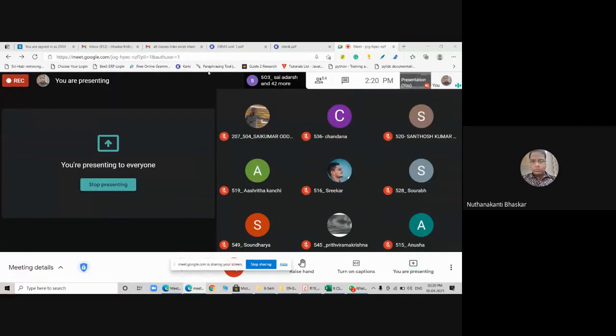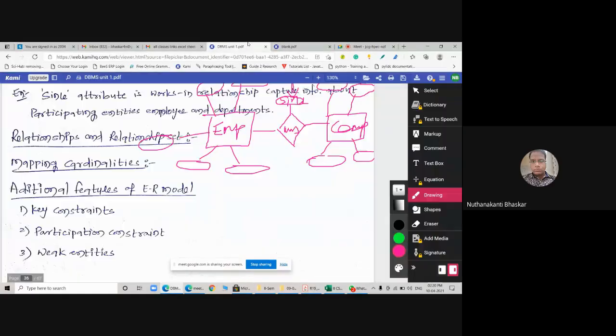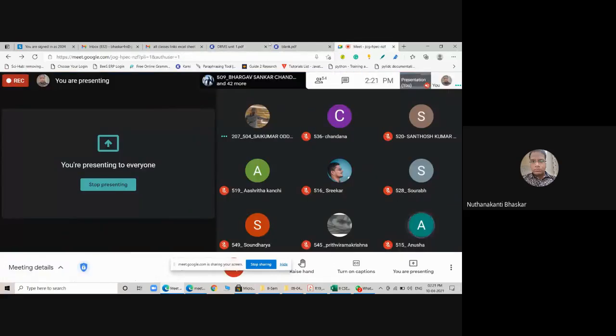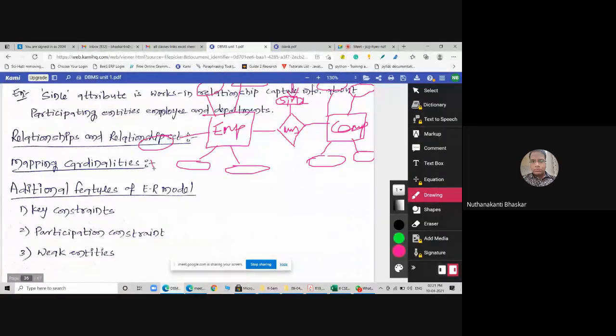Please respond quickly. Now we already know relationships and relationship sets, and the types of relationships: unary, binary, ternary, and quaternary. Correct? Now coming to the mapping cardinality.